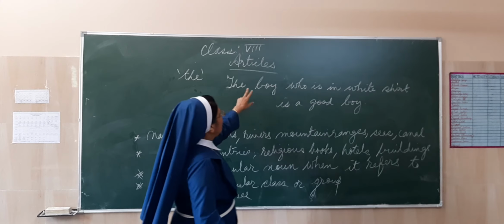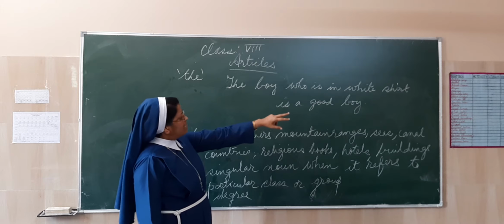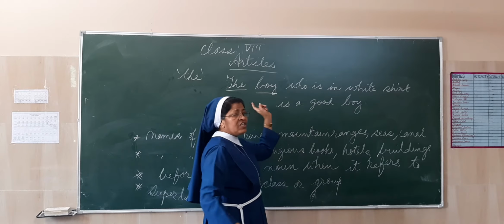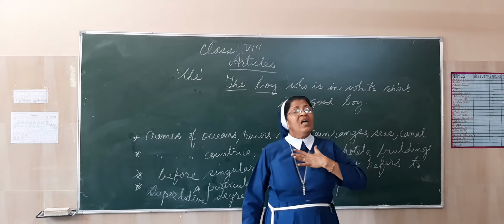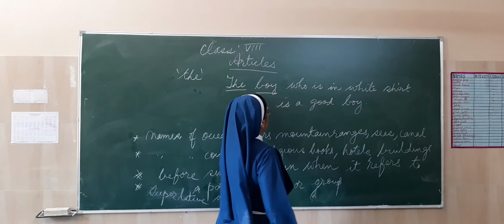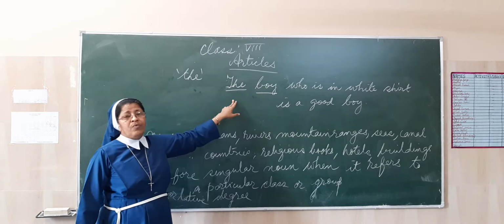I wrote here the boy who is in white shirt is a good boy. Now, the boy. So I am particularly mentioning the boy who is wearing the white shirt. To particularly mention that, I use the word the. Otherwise I don't use the word the.